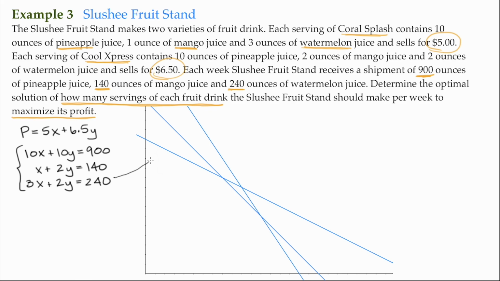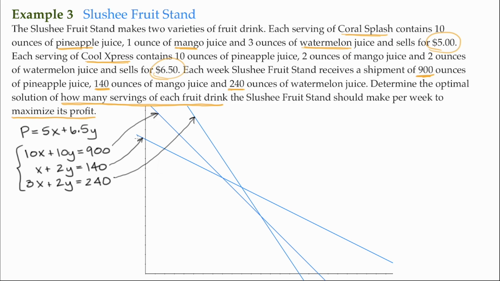Here is the line that is 3x plus 2y equals 240. This line here is 10x plus 10y equals 900. And this line right here is x plus 2y equals 140.